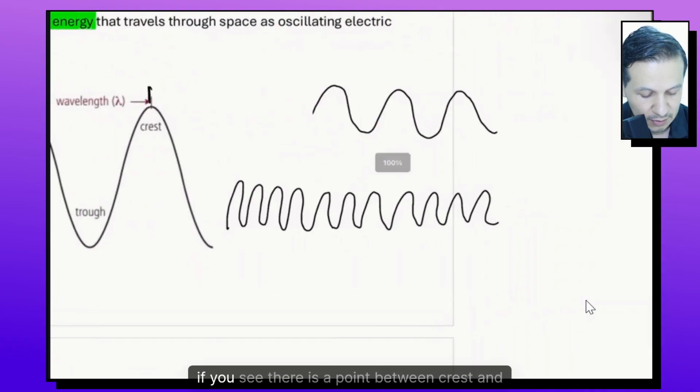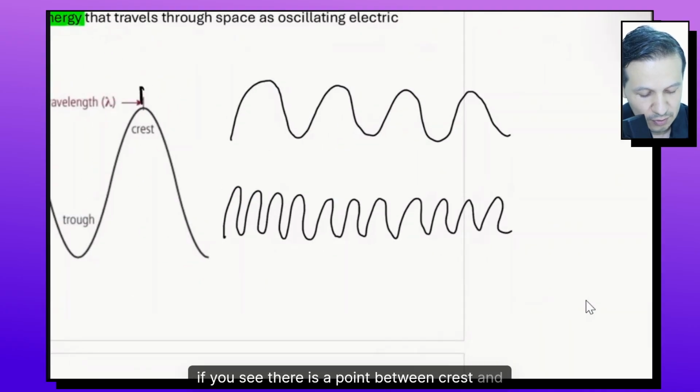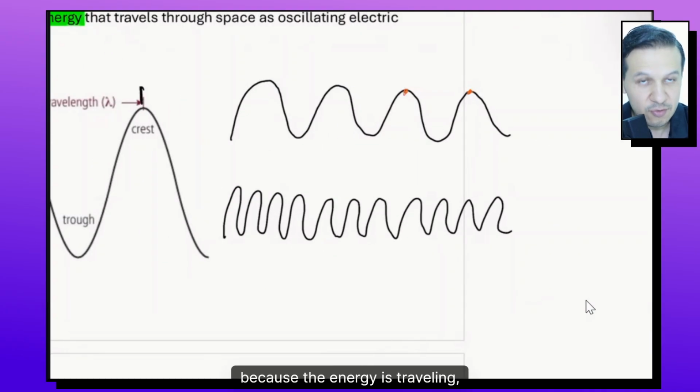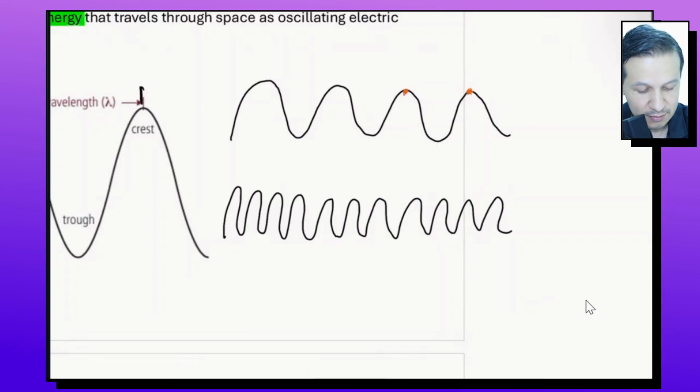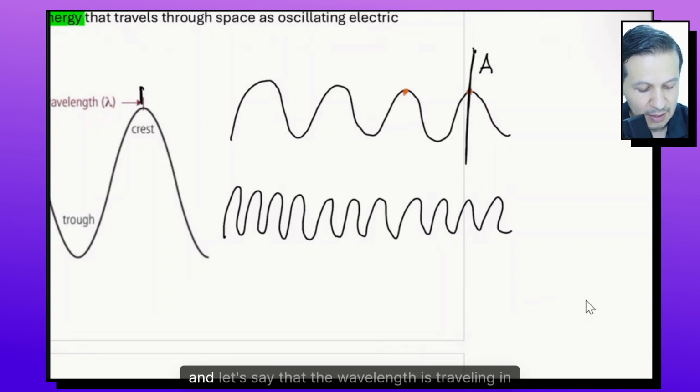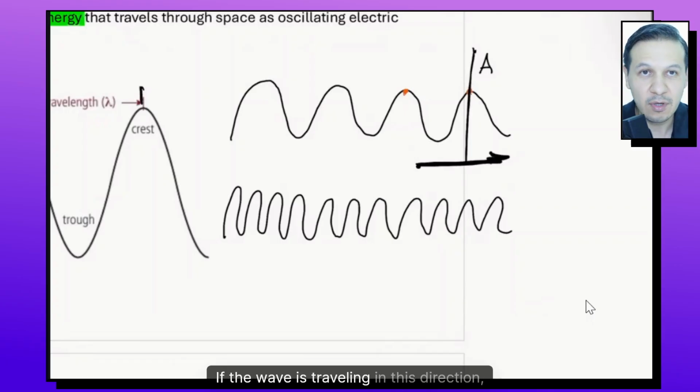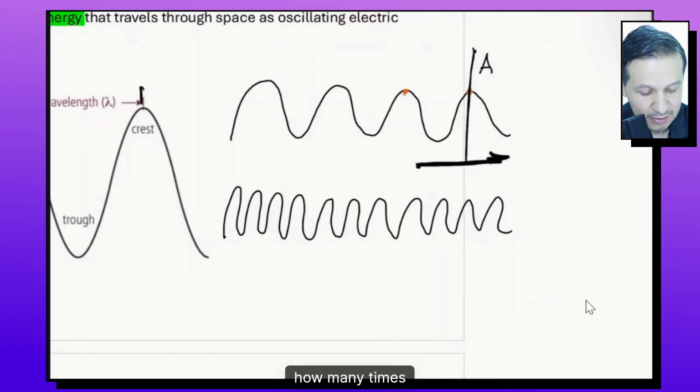But now, if you see, there is a point between crest and crest, because the energy is traveling, is oscillating all the time. We call frequency the number of waves that travel through a particular point. So we put this point A, and let's say that the wave is traveling in this direction. How many times will we have this point?